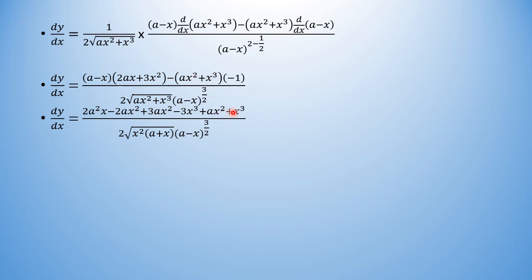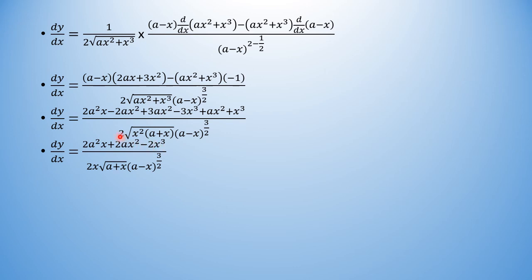And now we are going to do some simplifications here. What do we see? We get 2a square x minus 2ax square and plus 3ax square and plus ax square. Collectively, they give us 2ax square, and minus 3x cube plus x cube gives us minus 2x cube.